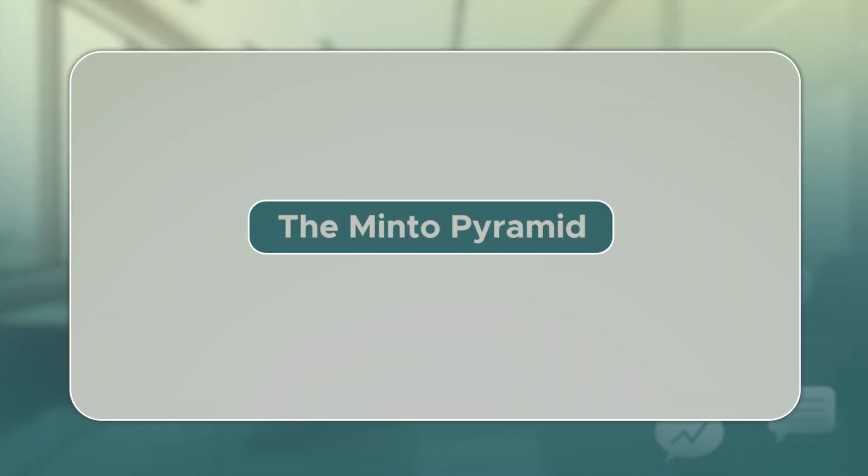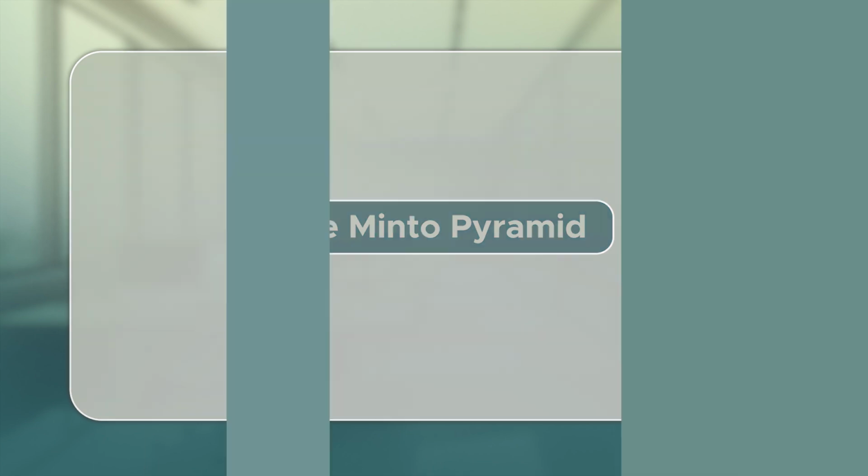She came up with what is known as the Minto Pyramid Principle, of how to organize reports and documents. McKinsey adopted the Minto Pyramid Principle, or principles, because it goes way beyond just structure. It goes into logic, content, and more, and it's a best-selling book in the United States. It can be used for all kinds of business documents.